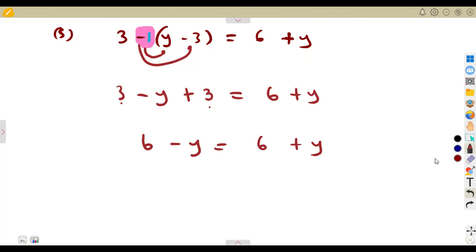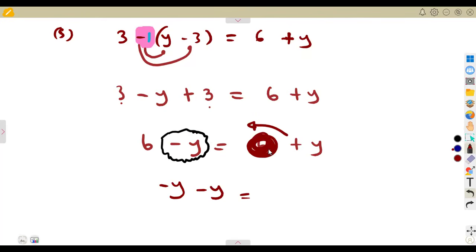So it depends the way that you want to solve. If you want to remain with the variable here, which is the -y on the left-hand side, collect this y on this side, it becomes a negative because it was a positive. Then on the right-hand side, there is a 6 there.